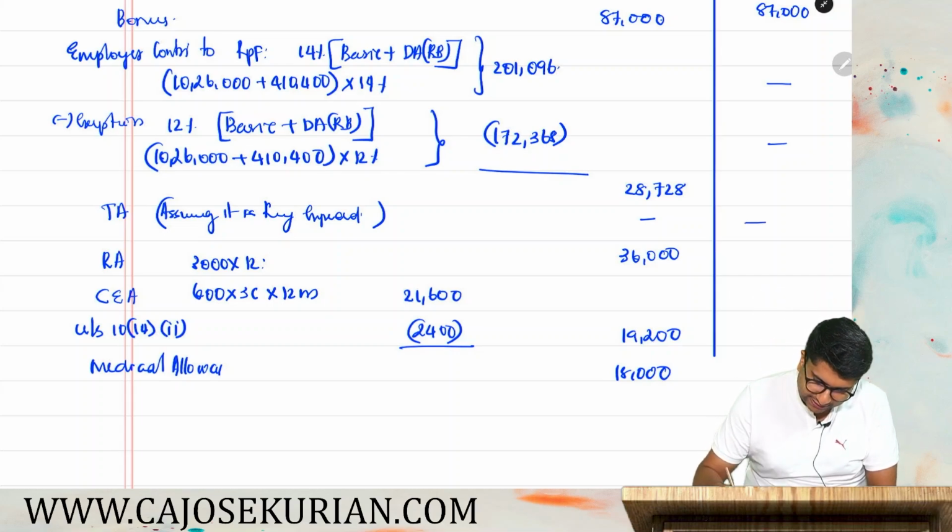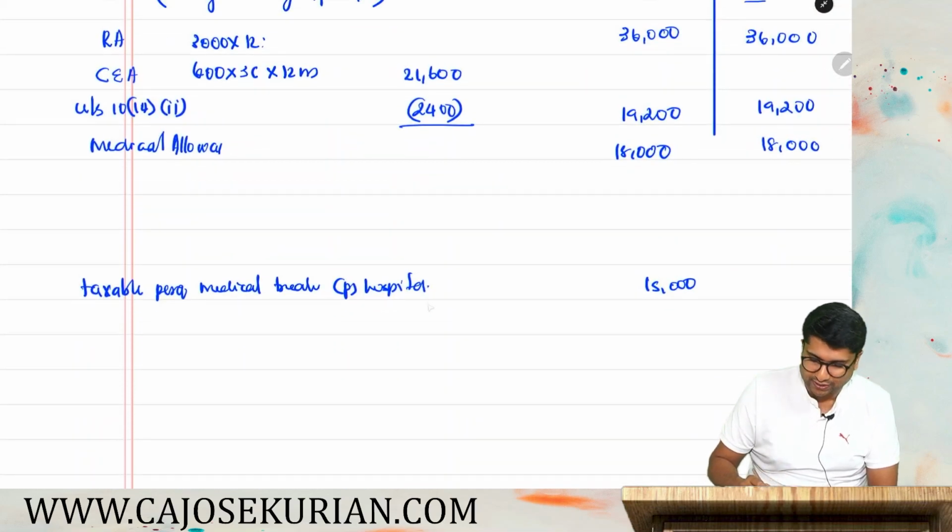Traveling allowance, nothing taxable. Research allowance, that will definitely come. It's a taxable allowance. Then children education allowance, taxable allowance, 19,200 it will come. Then medical allowance, taxable allowance, it will come. Then next is taxable perquisite, it will not come.